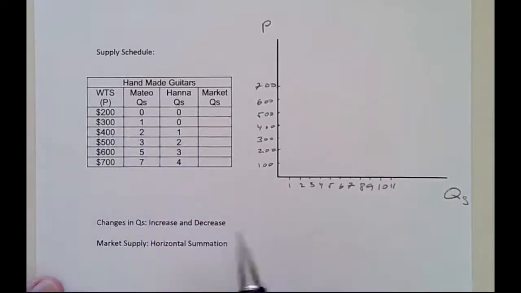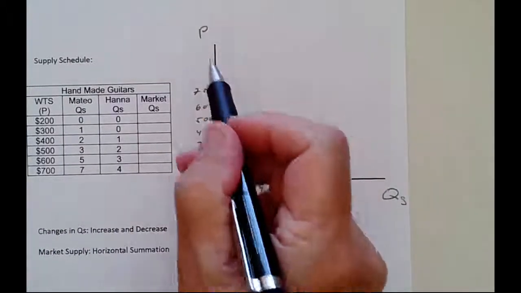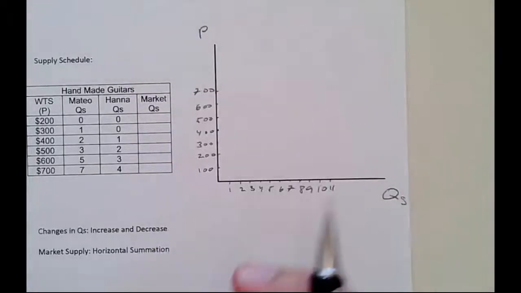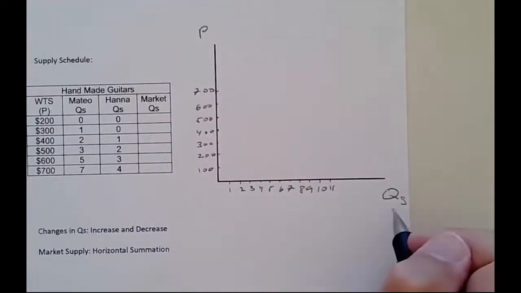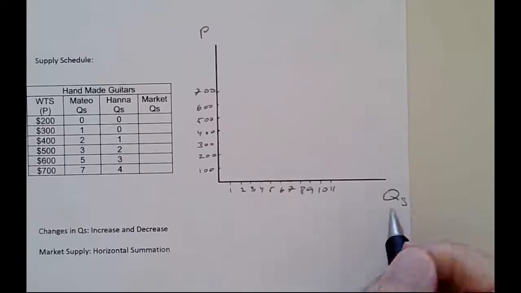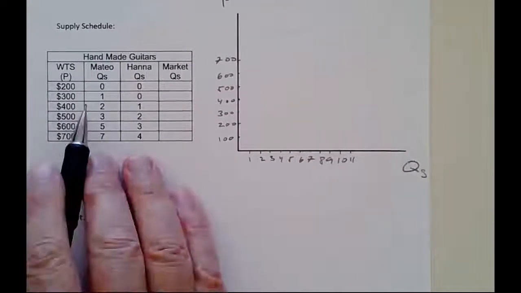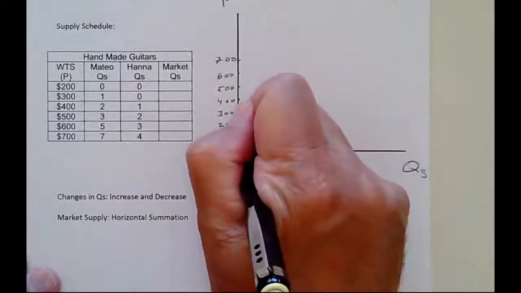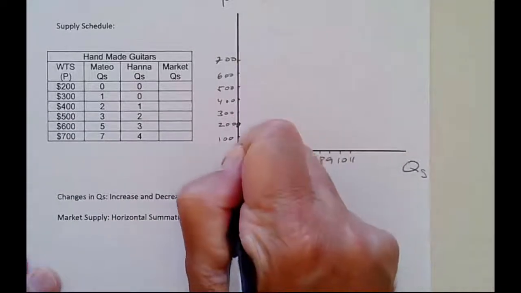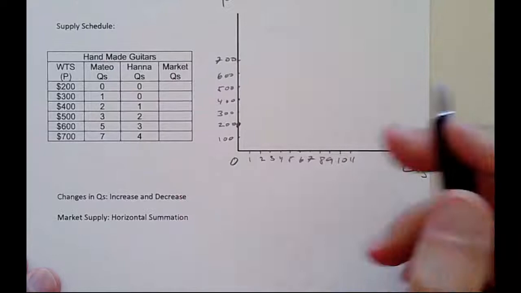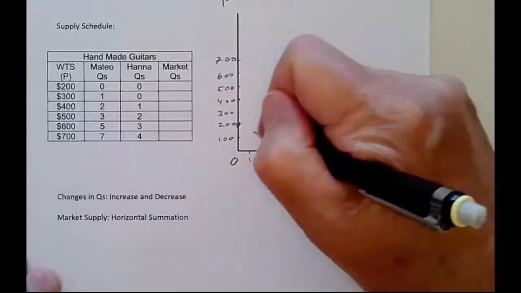Over here we have our graph. We put price on the vertical axis and we put the quantity, this time quantity supplied, on the horizontal axis. And simply plot the numbers. So at $200, right there, Matteo's not going to make any, and again, that's 0. If the price rises to $300, then Matteo would make 1.